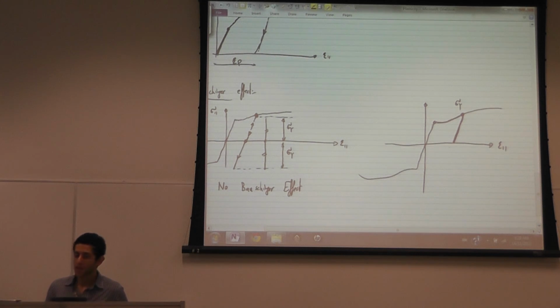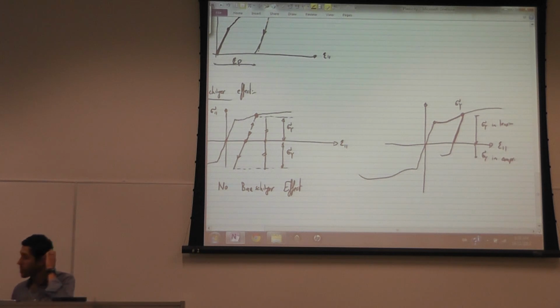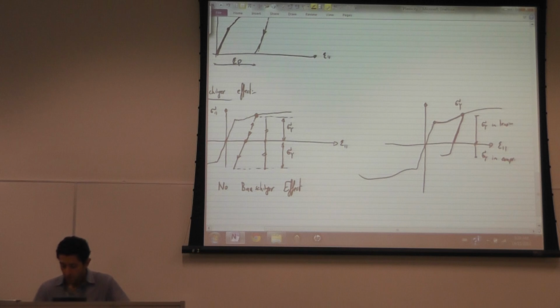Now if I start loading in compression, it's going to start yielding early. This is sigma yield in tension. This will be sigma yield in compression, and it's smaller than sigma yield in tension. This is called the Bauschinger effect.